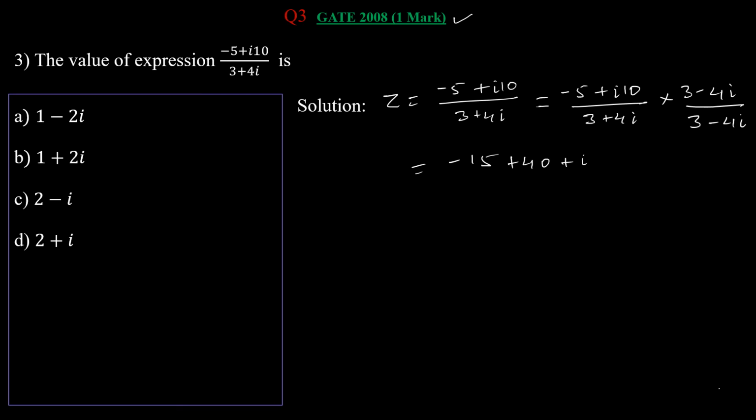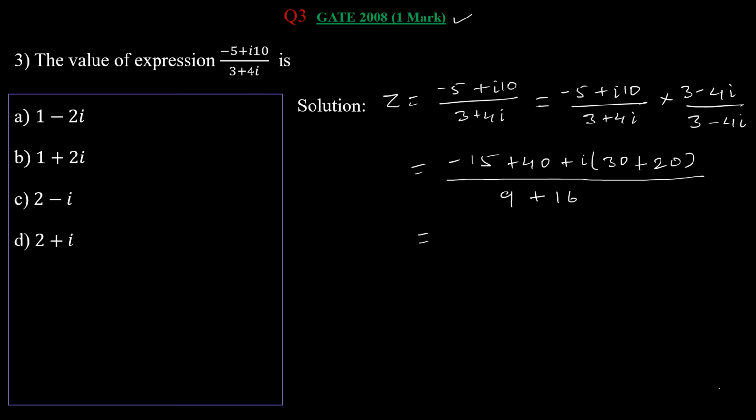Plus i: it is 10 into 3, that is 30, and real and imaginary, so it will be plus 5 4s are 20. Divide by a square plus b square. So it is 3 square, that is 9, and plus 4 square, that is 16, because i square is -1, so that makes the plus sign.